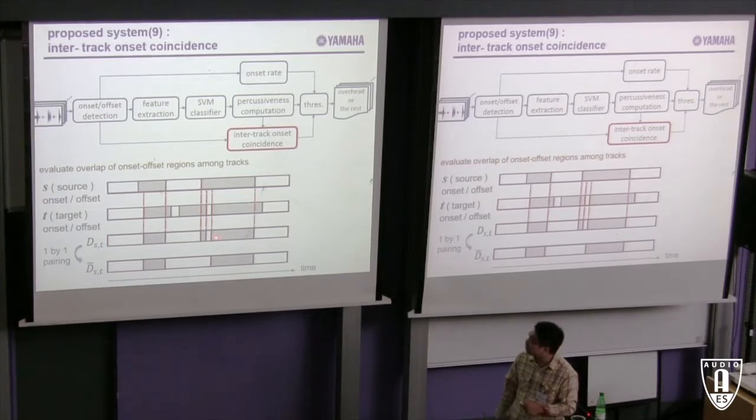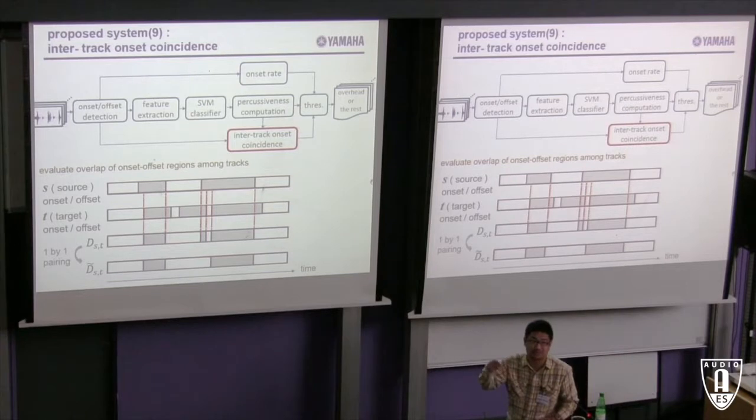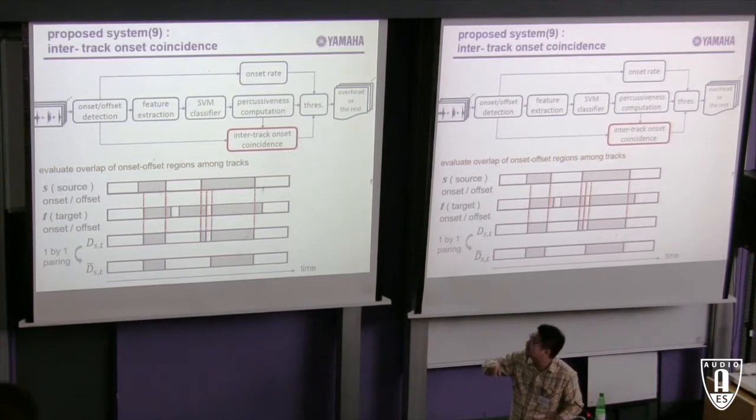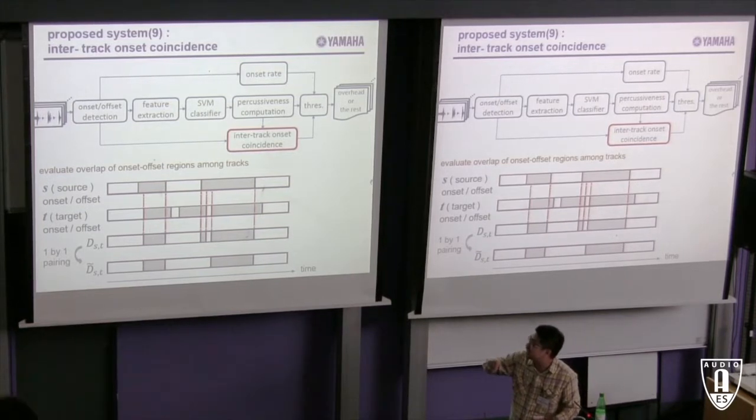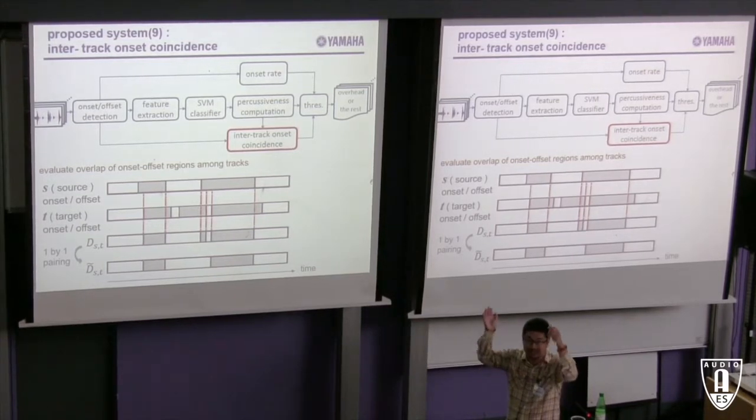You can see that the small overlap shown here is not shown at the bottom. This is thanks to 1-by-1 pairing. In this way, I got the overlap between tracks, and this computation is repeated for all the rest of the tracks. Finally, this is reduced into a measure that gets a higher value if a track has more coincidence with the other tracks.